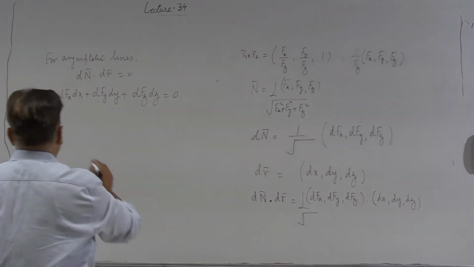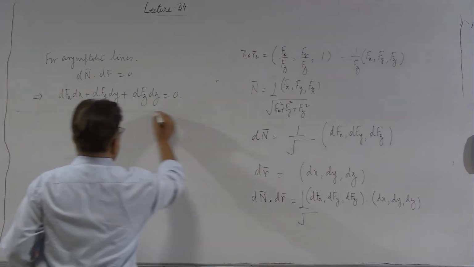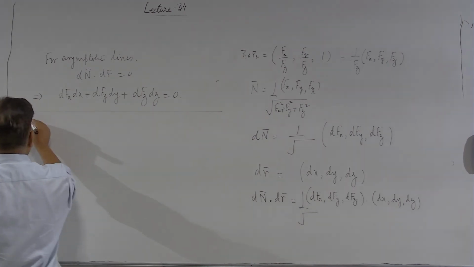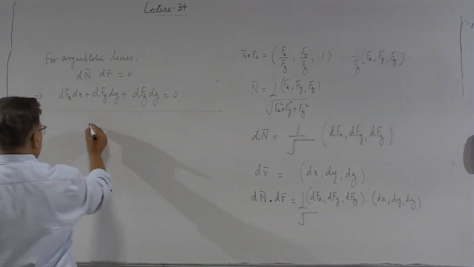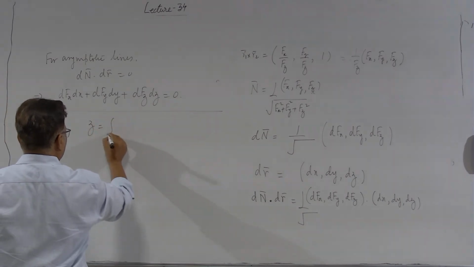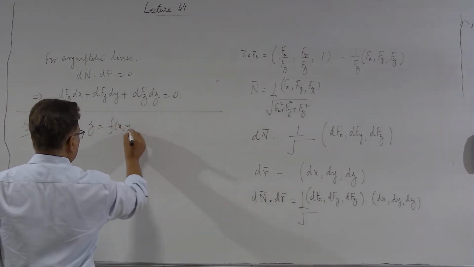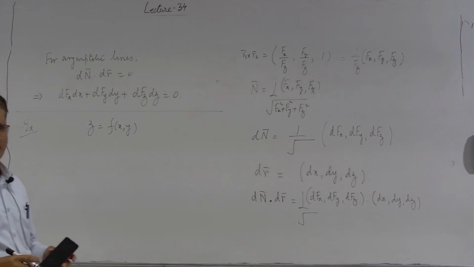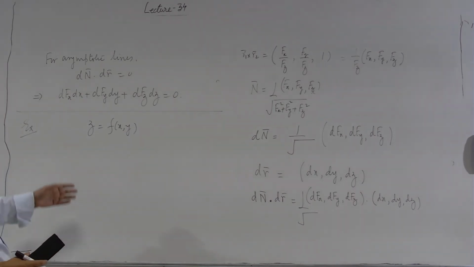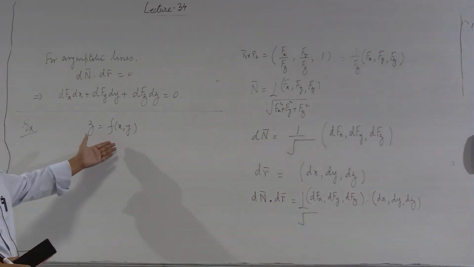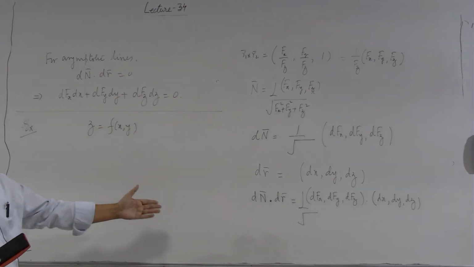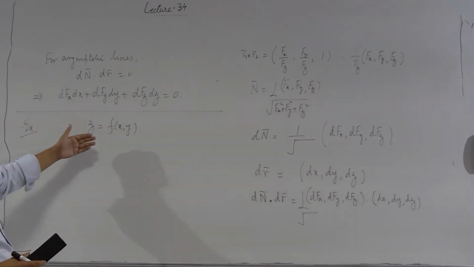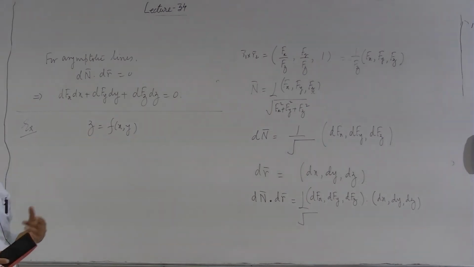Now, at this point you can resolve the question of asymptotic lines for a surface z equal to f(x, y). Okay. So, if the surface is represented by an explicit equation, you have to go along the same computation, and you can write down the version for small f also.